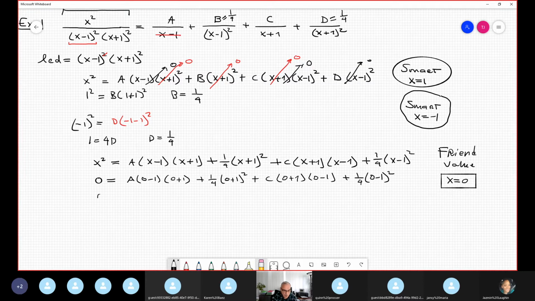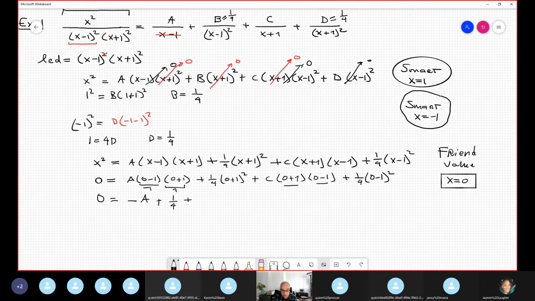Okay, let's do it step by step. This is -1 actually, and this is +1. So it's negative, minus A. Plus something. We have 0 plus 1 is 1, 1 quarter. Good. Plus, this is again -1 because it's +1 and -1.